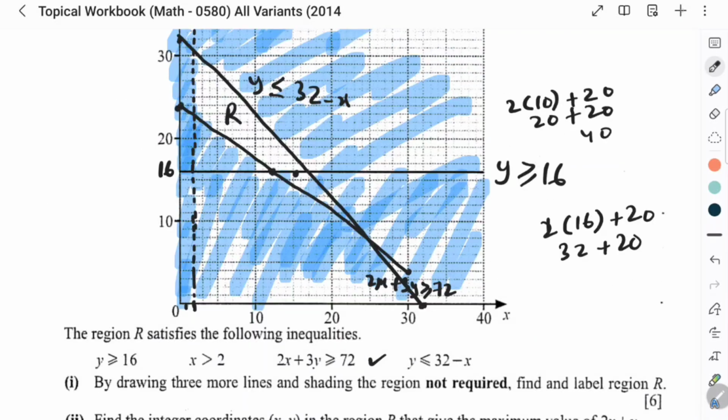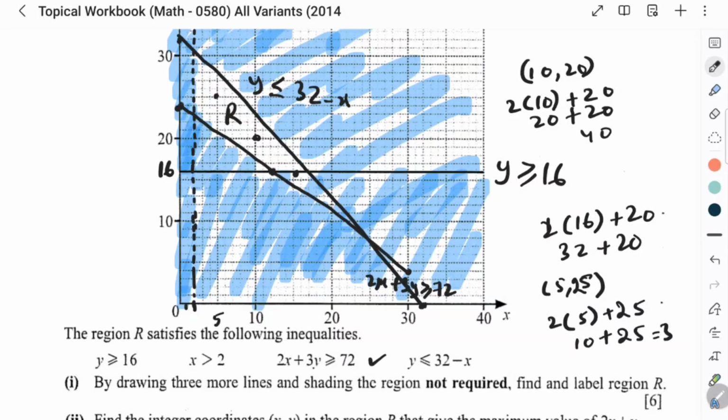I've tried 10 and 20 because 10 and 20 is also in the region, and we have to take integer values for the coordinates. 5 and 25 is also one of the points. So 2 times 5 plus 25, 10 plus 25, equals 35. And here we are getting 40.